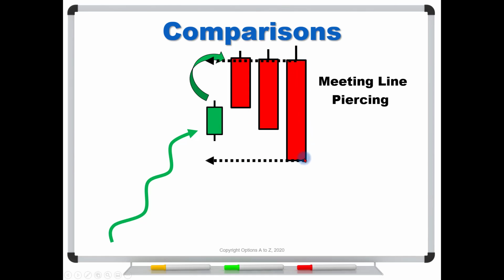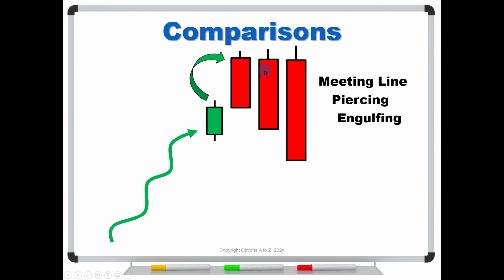If we extend 2 imaginary lines over to the left, notice that they completely encase or engulf this first green candle. And if that's true, that's called an engulfing pattern. So an engulfing pattern is a really very common and very powerful reversal sign. But we could also do one better.